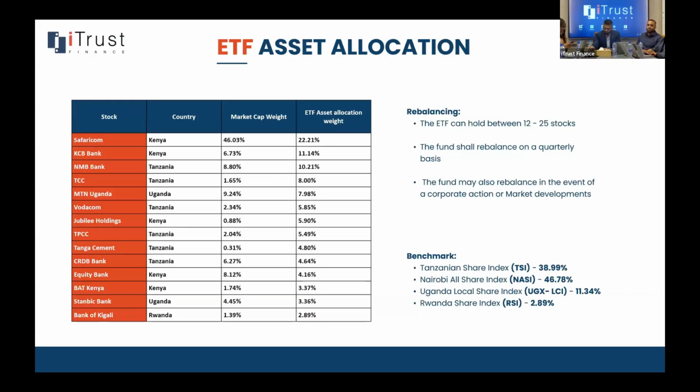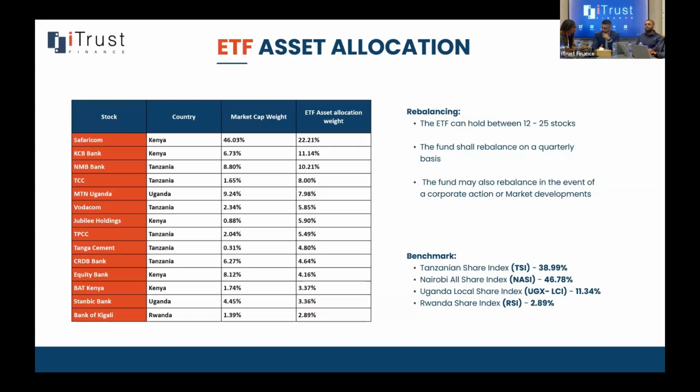We also have KCB, Jubilee Holdings, and Equity Bank on the Kenyan Stock Exchange. MTN Uganda and Stanbic Uganda are part of the Ugandan sector. And lastly, Rwanda, which holds Bank of Kigali.